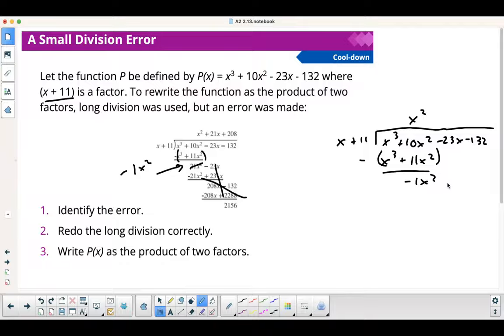Okay, so bring down the negative 23x. X times negative 1x would give me negative 1x squared. I multiply. I subtract. That cancels. This becomes plus 11, so I get negative 12x minus 132. X times negative 12, and then I multiply.